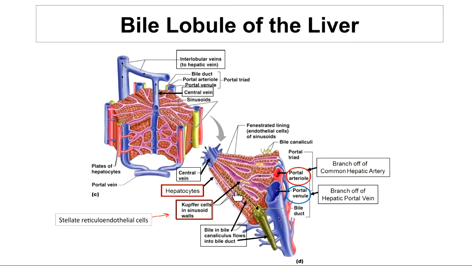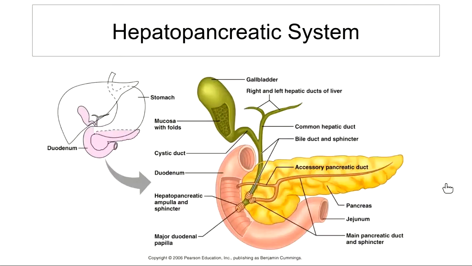I have them in a box here. Bile in bile canaliculus flows into bile duct. So bile is produced by the hepatocytes, and the bile moves to the outside of the lobule where the little bile duct is. Now it says, which channel bile into small ducts which eventually become the right and left hepatic ducts. So let's look at this picture.